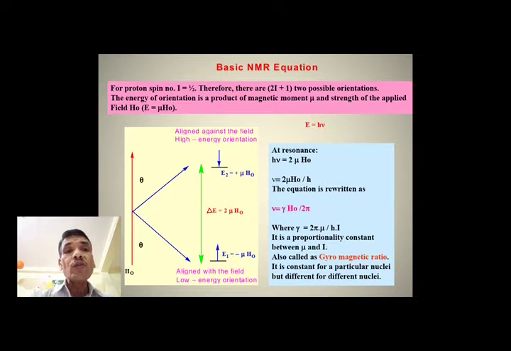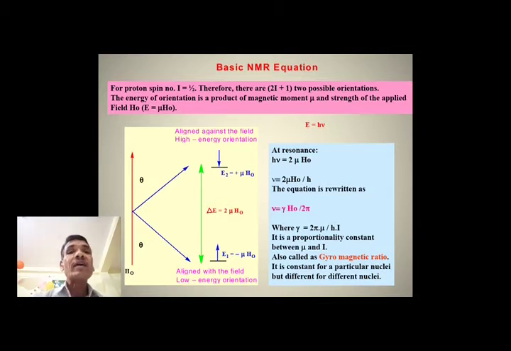The nuclei in the state aligned with the externally applied magnetic field is represented as the low energy level orientation, and its energy E1 can be calculated as E1 is equal to minus mu into H0.